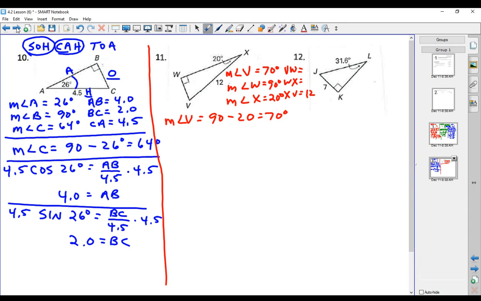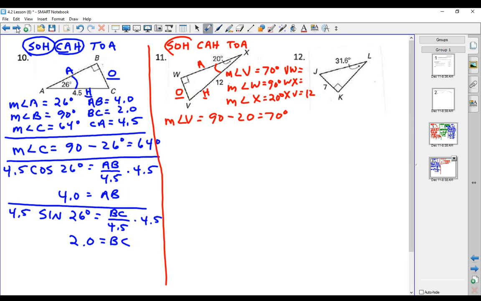Now, in terms of the angle that they gave me, the 20-degree angle here at X, side VW is the opposite side. Side XV is the hypotenuse, and side WX is the adjacent side. So if I want to find side VW, VW is the opposite side, and I know the hypotenuse.